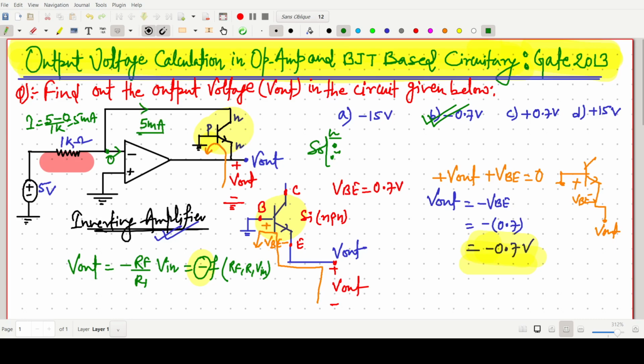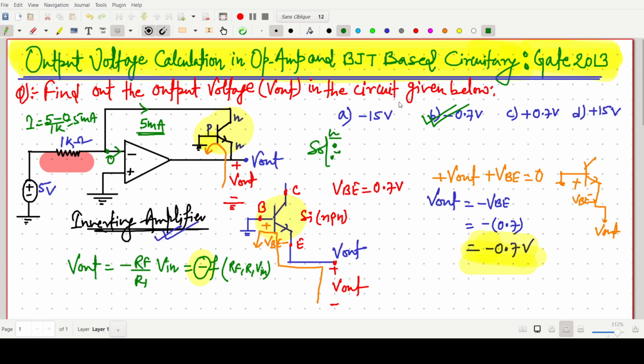But no need to think about where this 5 milliampere current is going. Just apply Kirchhoff's voltage law in that section because we are interested in the V output value, so we can directly find this easily by applying KVL.